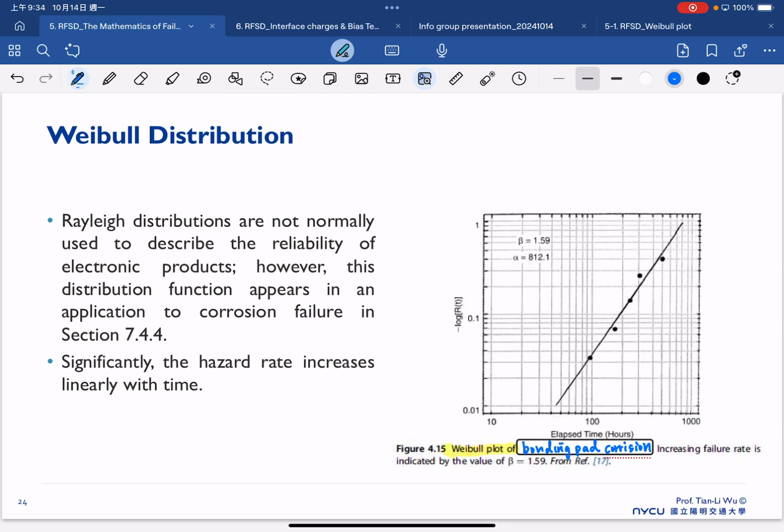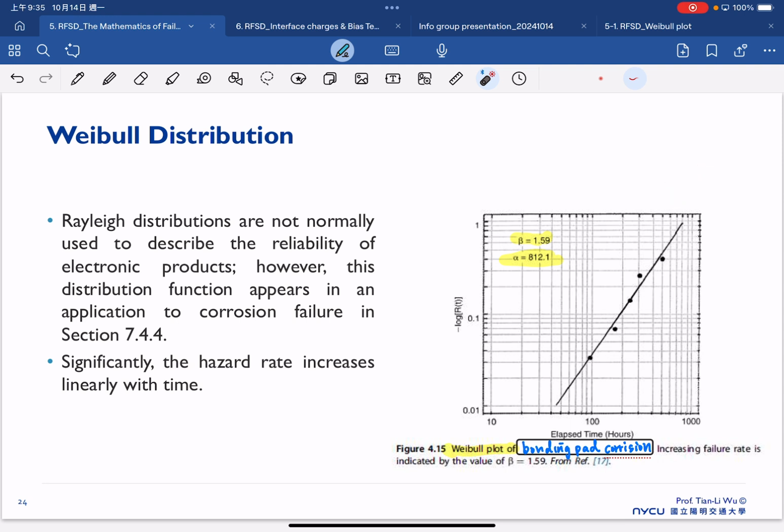This is the case where we start to see our bonding pad has certain degradation, and the degradation here is correlated with cohesion. And as we already know, the Weibull distribution has two important parameters, beta and alpha, as shown here. So this is a general plot, and in the future we have to build similar Weibull plots that can help us analyze our data.